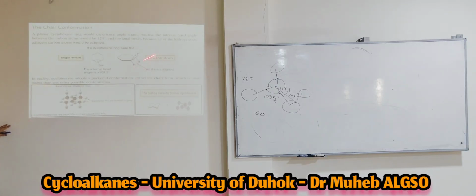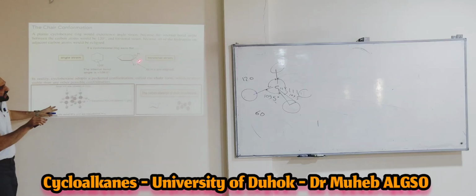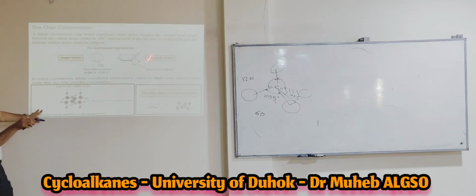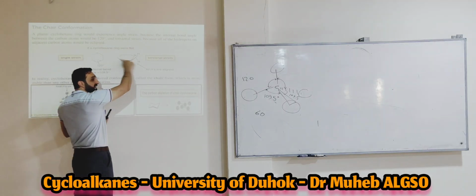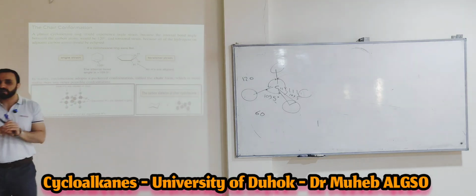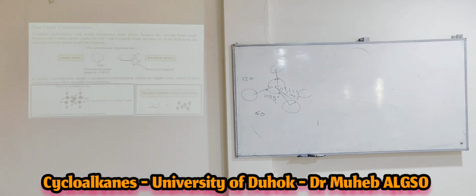Look here, it is clear for you. We have steric effect here and here. This decreases the stability of the cyclohexane if we say the cyclohexane is in the same plane. But in fact, the cyclohexane is not in the same plane.